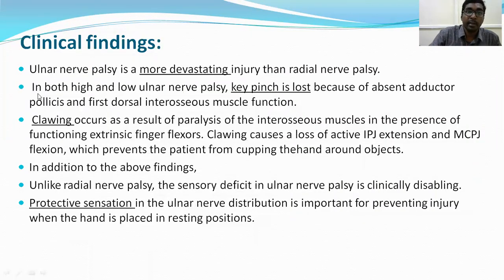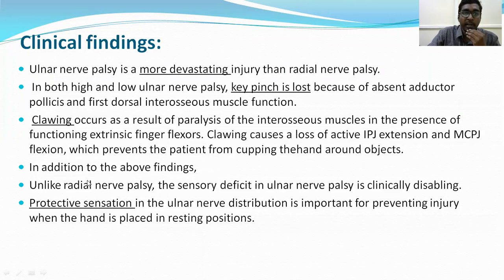So, clinical findings: ulnar nerve palsy is a more devastating injury than radial nerve palsy, in both high and low ulnar nerve palsy, which I will discuss later. The key pinch may be lost because of the absent adductor paralysis and first dorsal interosseous muscle function. And clawing occurs as a result of paralysis of the intrinsic muscles in the presence of functioning extrinsic finger flexors. Clawing causes a loss of interphalangeal joint extension and metacarpophalangeal joint flexion, which prevents the patient from cupping the hand around an object.